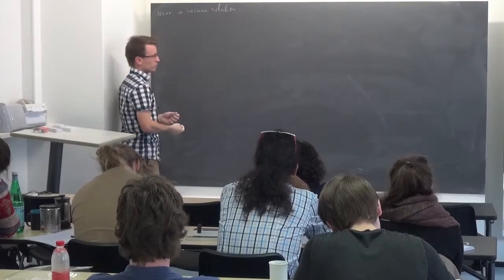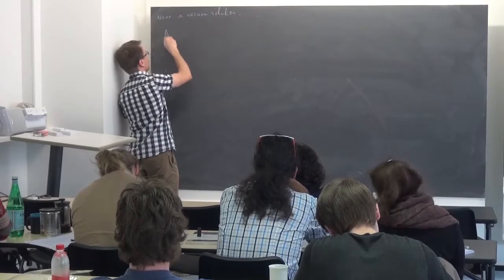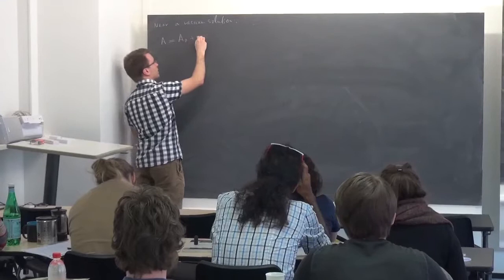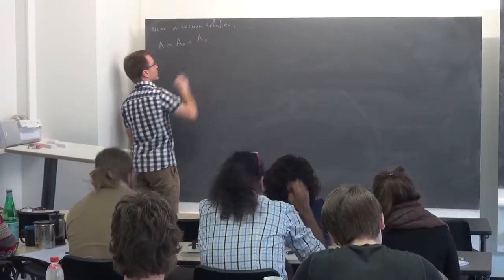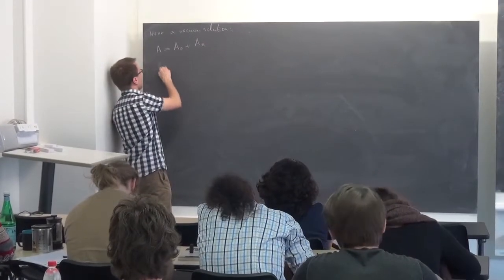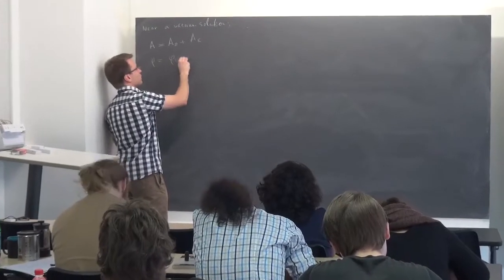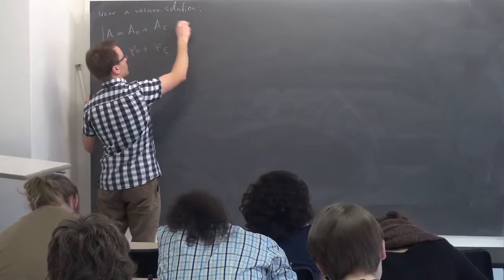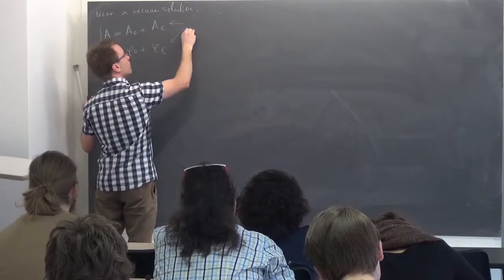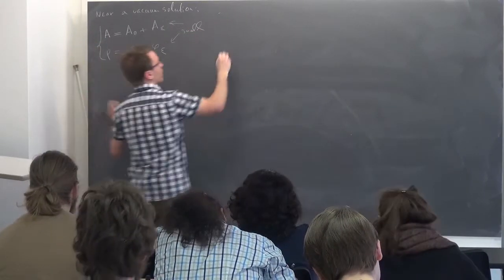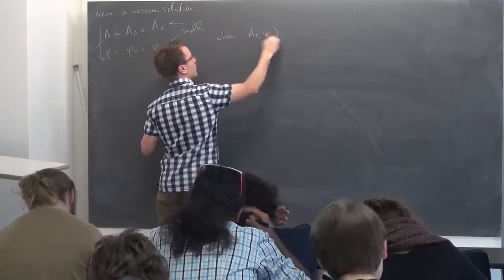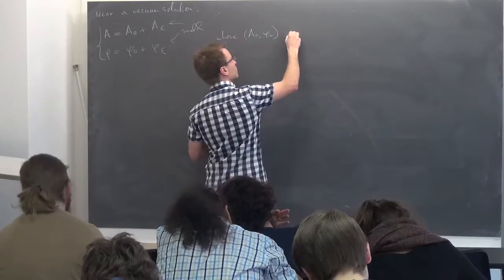Near a classical solution means that you assume that A is going to be A naught plus some small correction, A epsilon. Phi is phi naught plus, again, phi epsilon, where I'm assuming that these are small, and where this A naught, phi naught is a vacuum solution.